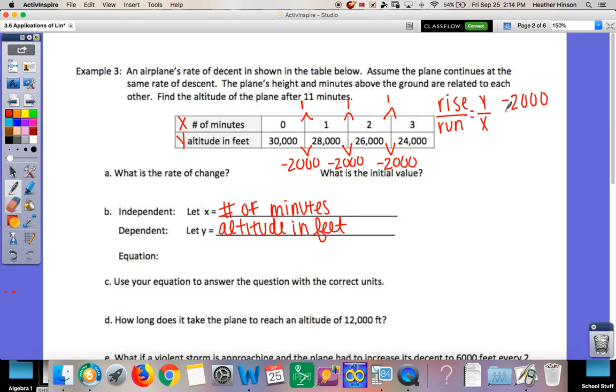It's going to go on the top of the fraction, and 1, which was your difference in minutes, is going to go on the bottom. So negative 2,000 over 1 simplifies to negative 2,000. Rate of change we have to write in words. So negative 2,000, it's descending 2,000.